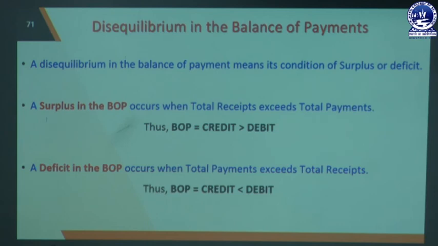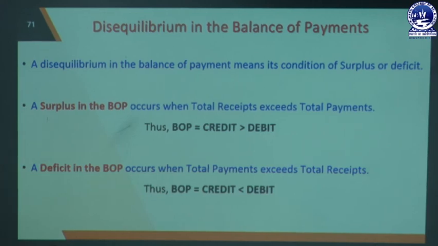A surplus occurs when total receipts exceed total payments, that is, when the credit side is more than the debit side. A deficit occurs when the credit side is less than the debit side. That is known as our deficit in the balance of payments.